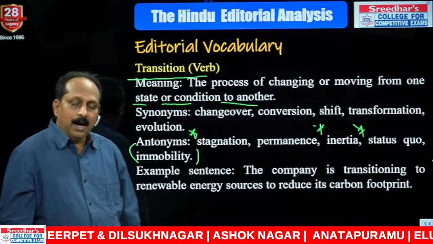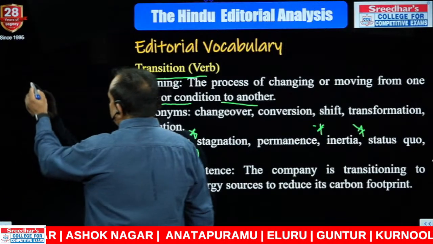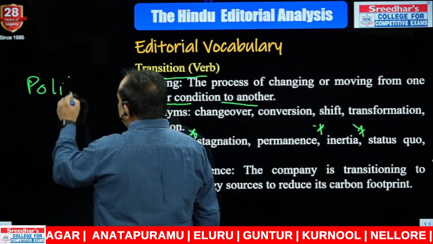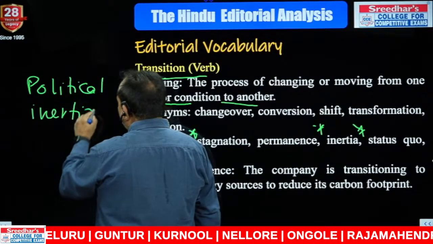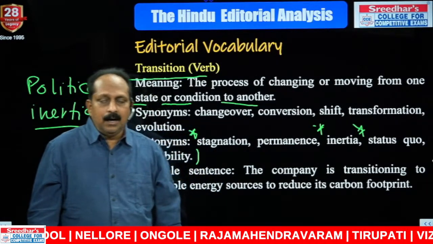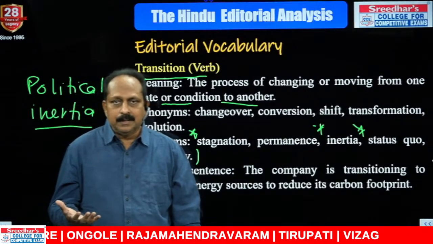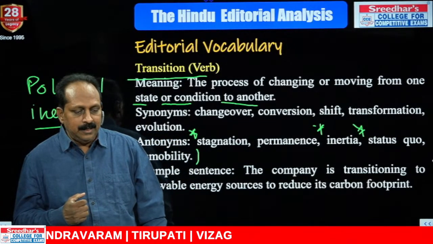There is one thing you have to know here based on the word inertia. What is that? Political inertia. This is a problem in the US and in our country also, perhaps about 20%. If you take the intellectuals of a particular society, who is an intellectual?